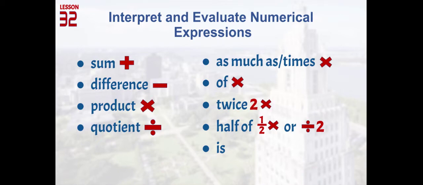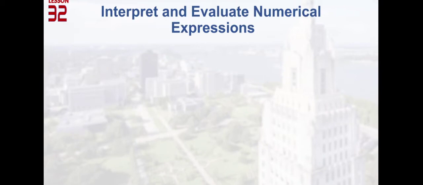If they're asked to do that, they can multiply by 1/2 or divide by 2. And finally, the equal sign. It is what it is. So when you see the word "is," it's usually an equal sign. But of course, this list isn't comprehensive, but our young mathematicians will learn these and many other terms for interpreting expressions.